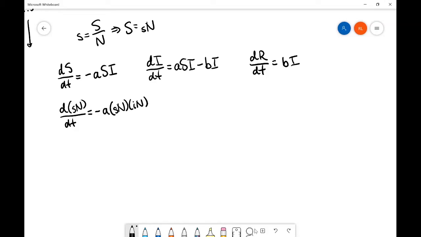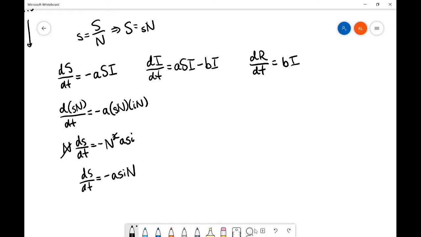Factoring out the N over here gets us N times ds/dt is equal to negative N squared a s i. And taking out an N on both sides gets us ds/dt is equal to negative a s i N.